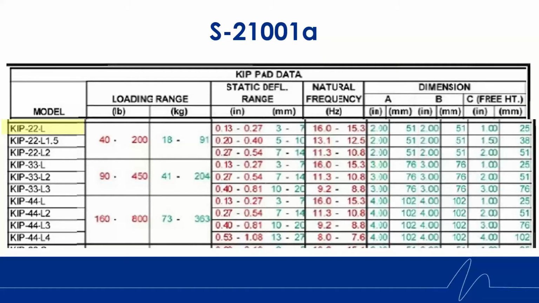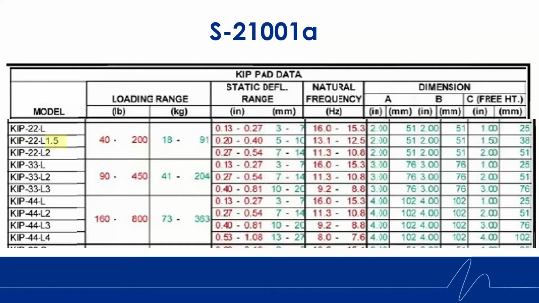Let's first look at the model KIP 22L. As covered in the previous section, the first two numbers refer to the length and width. As we can see in columns A and B, they reflect 2 inches. And there is no number after the L, which means that the isolator is 1 inch tall.